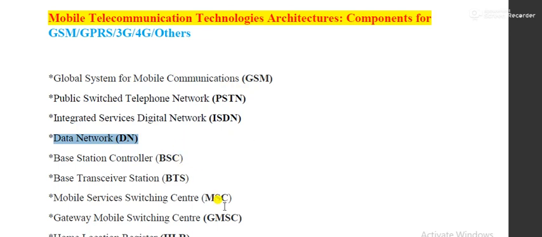So let's begin with the Global System for Mobile Communication. Just remember one thing: if you go through the standard references available, the GSM architecture for GPRS is different, the GSM architecture for 3G is different, and the GSM architecture for 4G is different, but I'll explain its working with respect to 4G only.